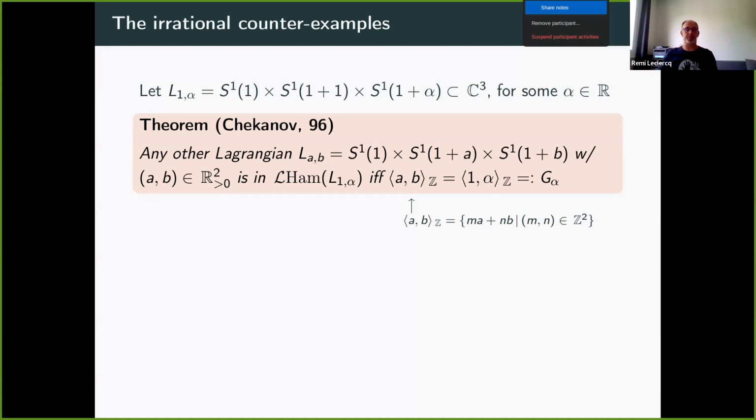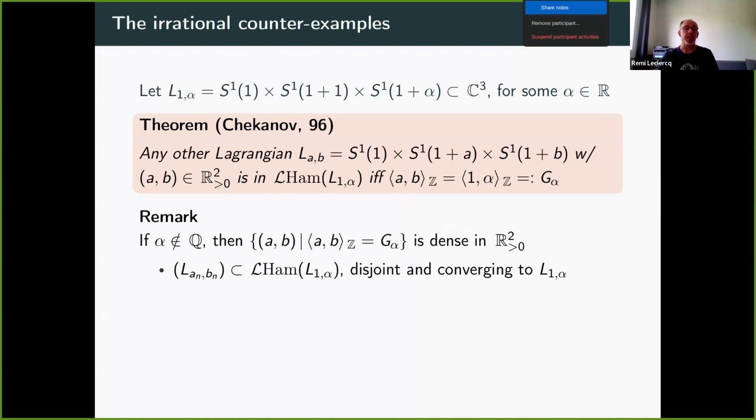So that's really nice. And what we did is to remark that if alpha is not rational, then the set of pairs A, B of positive elements such that we do generate the correct set over Z is dense in the set of pairs of positive elements. When you have this, you can produce all kinds of weird things.